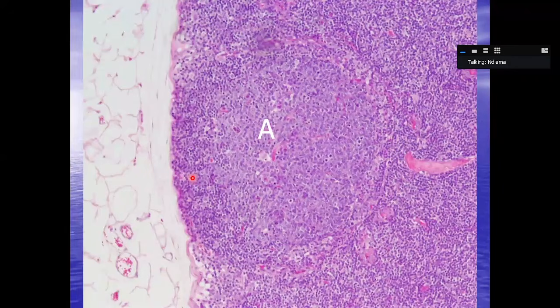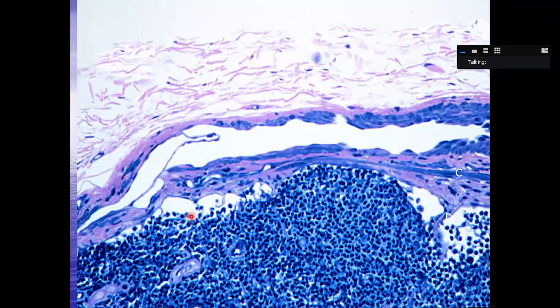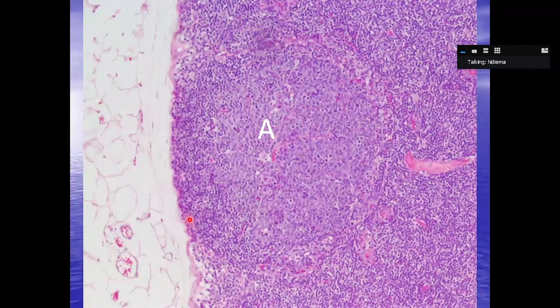Capsule, subcapsular sinus, follicle, lymph follicle, primary lymph follicle, diffuse lymphoid tissue, capsule containing collagen fibers, adipose tissue that surrounds the organs, lymph nodes.